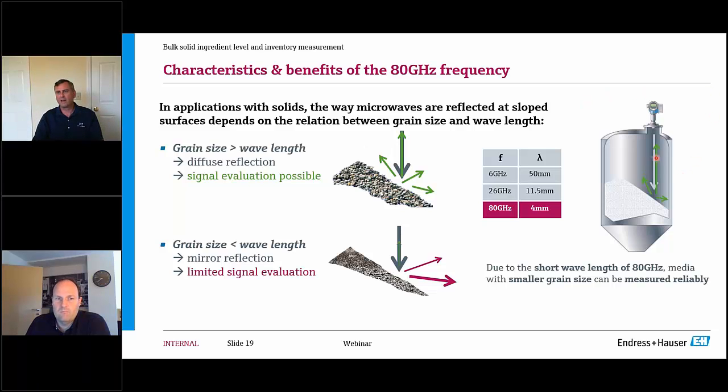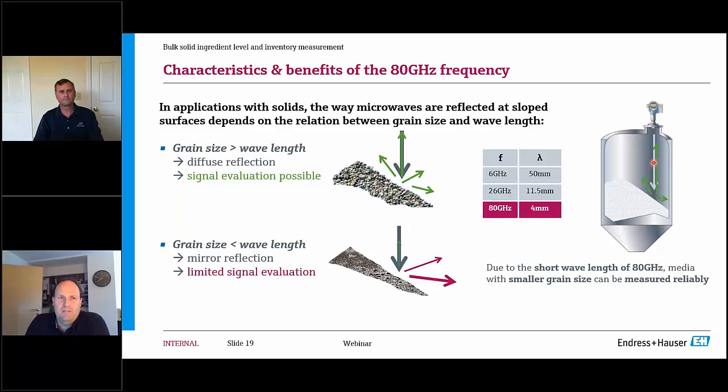On the graphic in this picture, if you have your filling coming in from this side and your filling line is interrupting the free space radar path, then you potentially would be picking up the filling stream instead of the actual level. So you want to make sure you mount your sensor in such a way that it's not being interrupted by the filling stream.